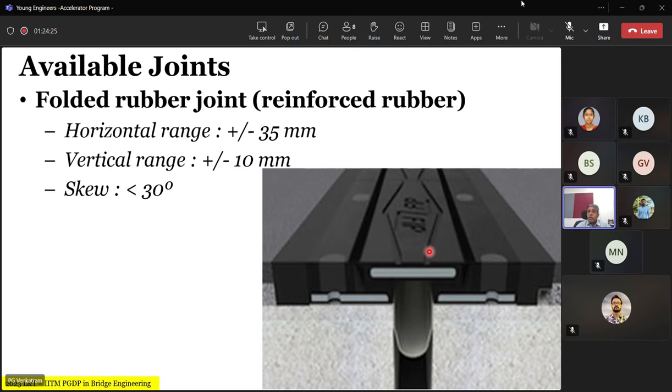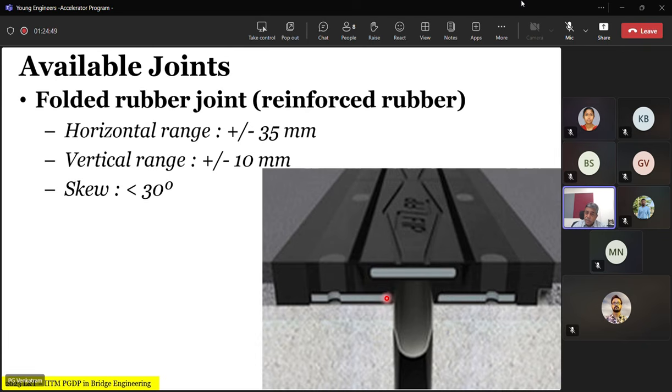Then you have reinforced rubber, which is what we call the slab seal type. One other term you might notice in our code is the word slab seal type. Basically it is elastomeric rubber, and it has bolts that you can fix it with, and the elastic rubber has reinforcement steel, just like we saw for the bearing.